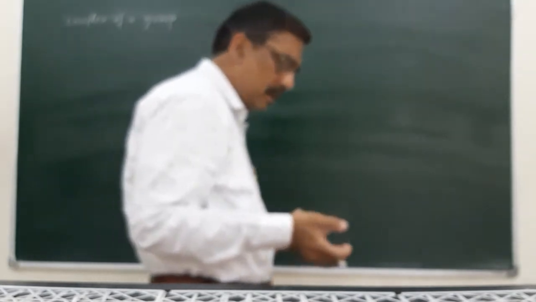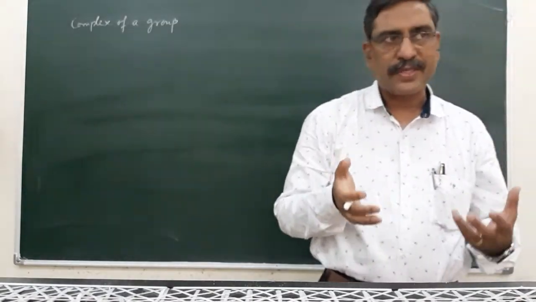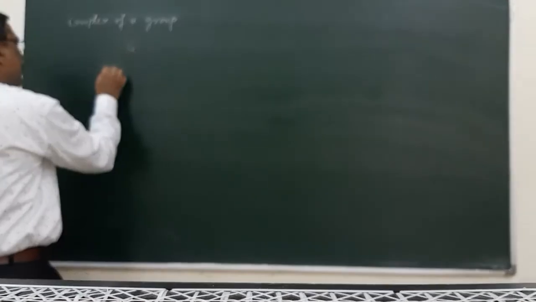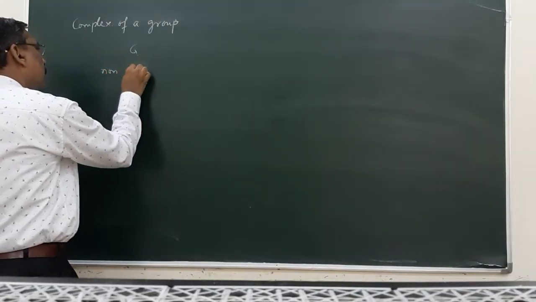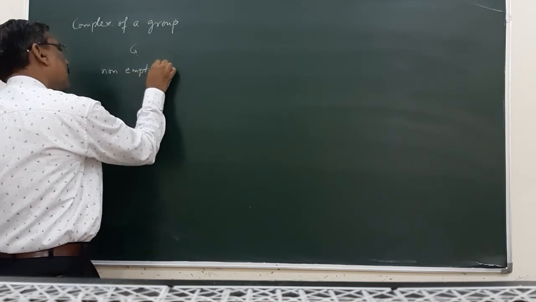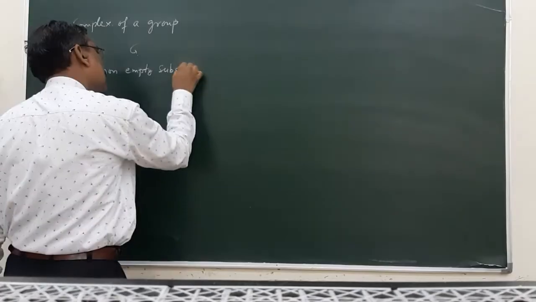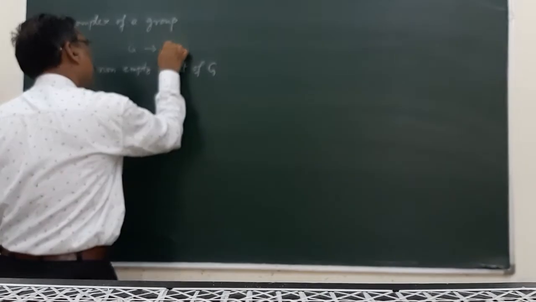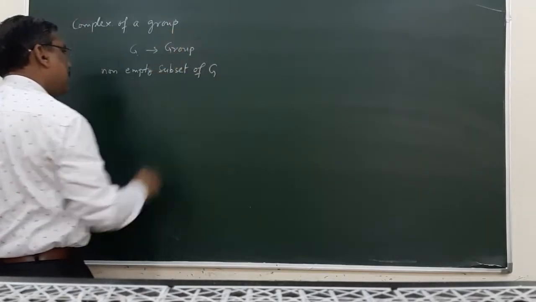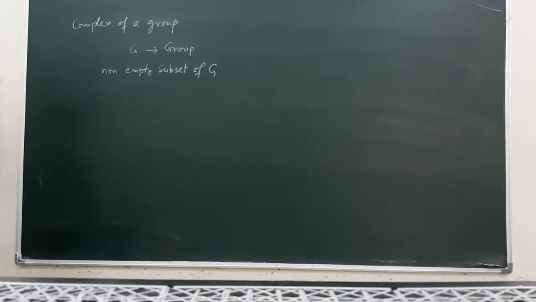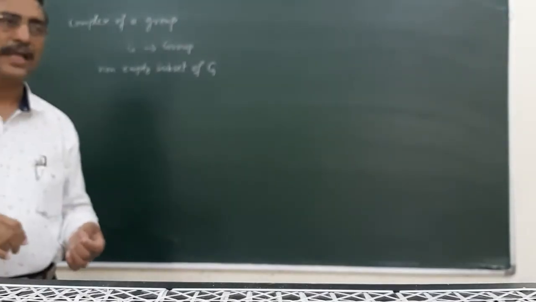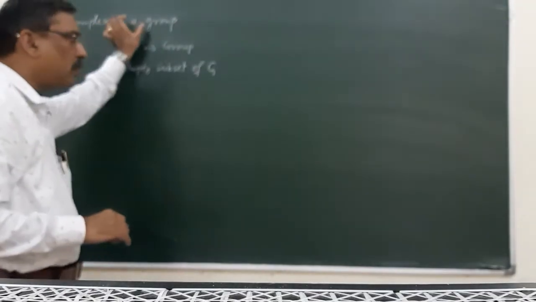What is the complex of a group? A non-empty subset of a group. G is a group, and a non-empty subset of G is known as a complex of a group.